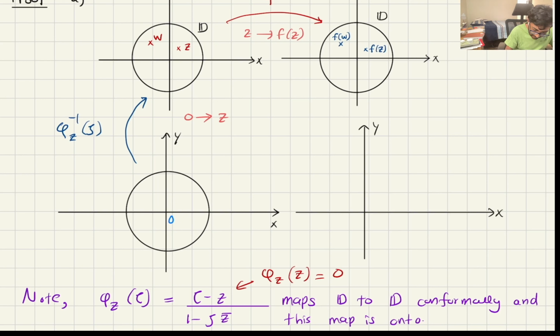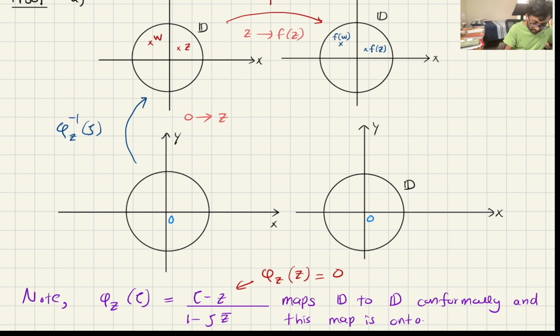draw the x-axis, y-axis, and this is my unit disk. Then I would apply a different map here.